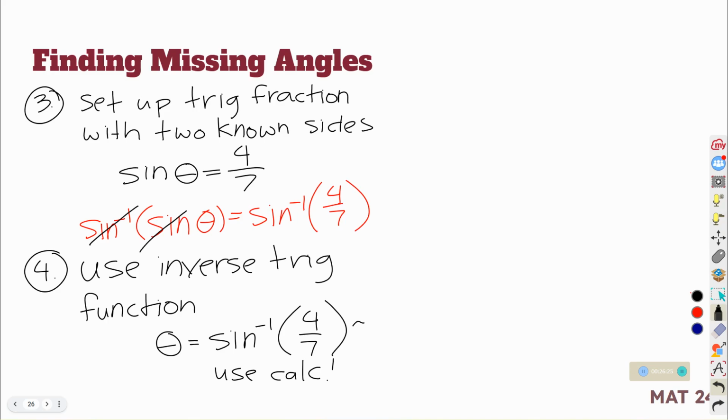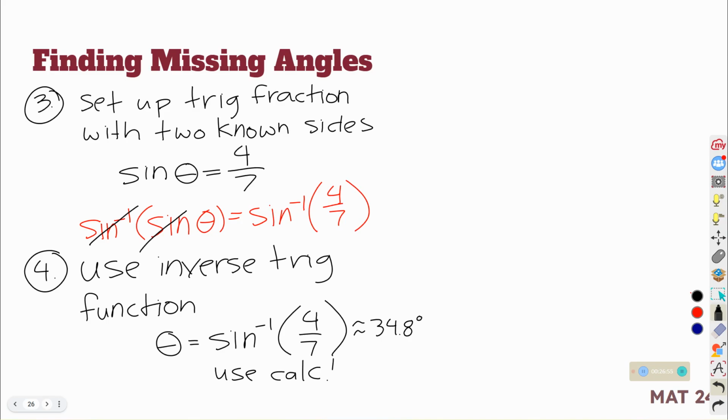And I get 34.8 degrees because my calculator is in degree mode. If your calculator's in radian mode, you're going to get a much smaller answer. When you use inverse trig functions, it's going to spit out the answer in the same units that you have your angle set to.